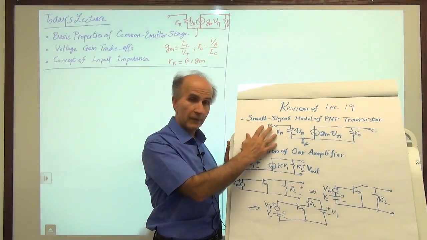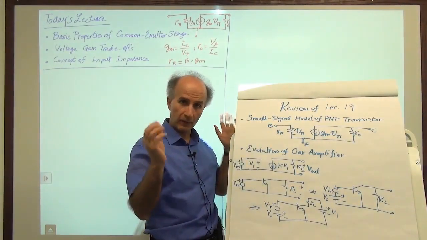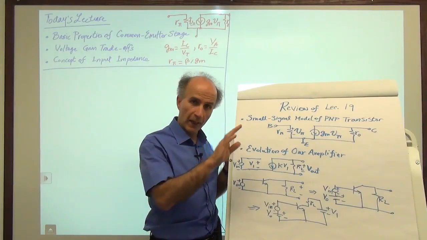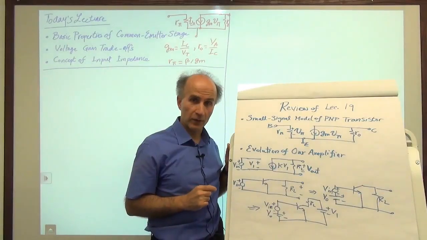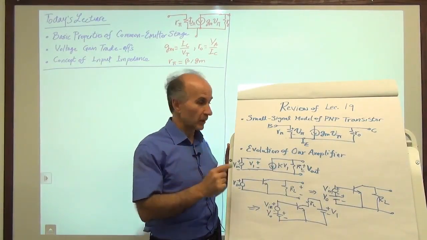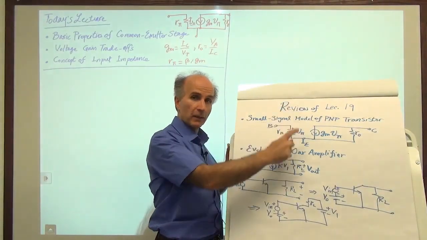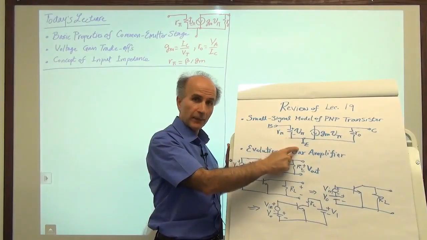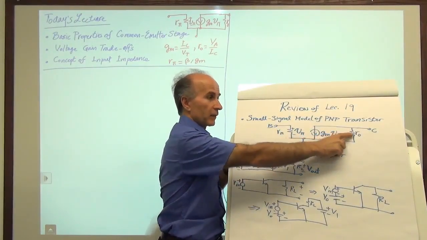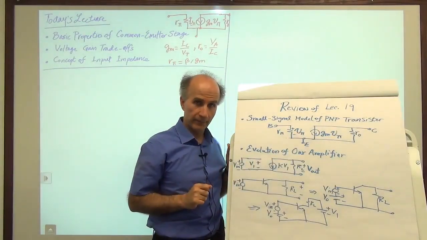So when we draw the small signal equivalent circuit of some complex topology for both NPNs and PNPs, we draw the same structure. Of course, we have to remember that the emitter could be down here or up here. As long as we remember that r_pi goes between base and emitter, and g_m v_pi and r_O go between emitter and collector, we are good.